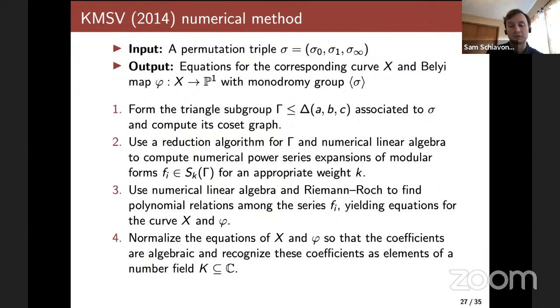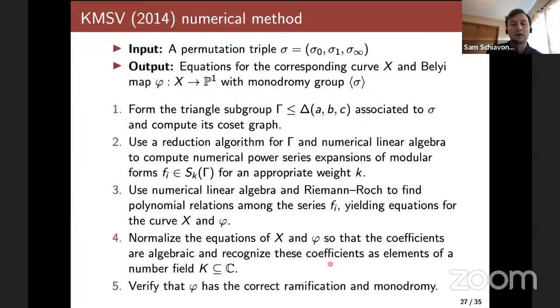We've written down algebraic numbers defining this curve and this map. But we had these numerical steps where maybe we didn't keep track of the errors so carefully.